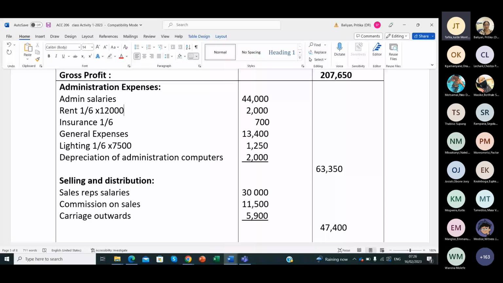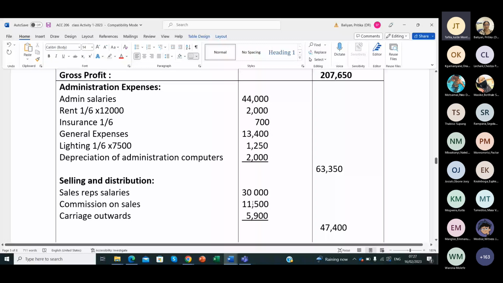So you list them and their amount in the amount column, like the salaries of the sales people was 30,000. So we write 30,000. The total commission paid over the year is 11,500.